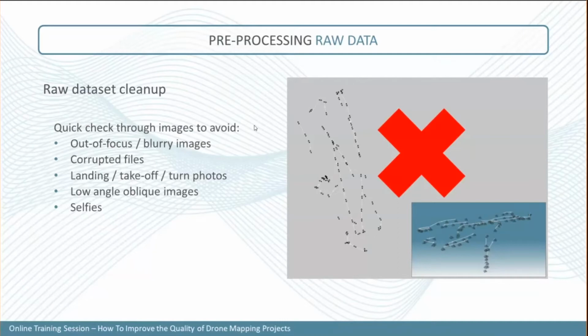What you want to avoid is blurry images. Depending on how fast the drone was flying, or the shutter speed of your camera, try to have as many sharp images as possible. If you have some blurry images, feel free to remove them before processing your project. This way they won't affect the mosaic or the image matching capacity for your project.